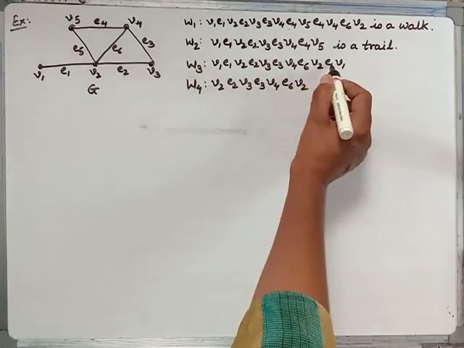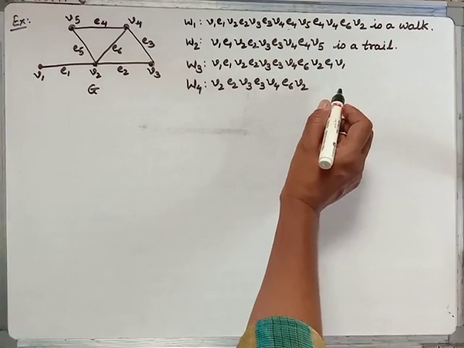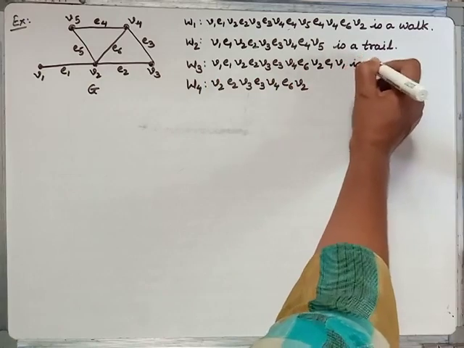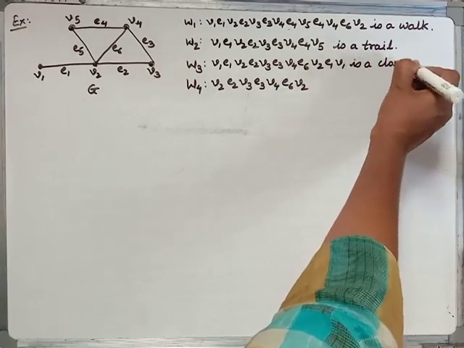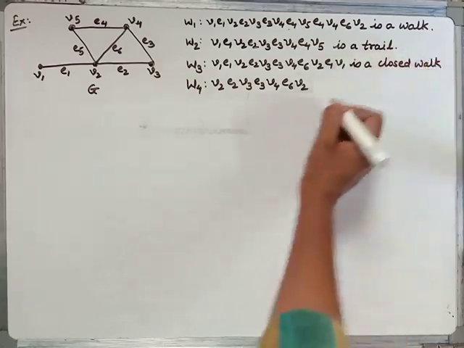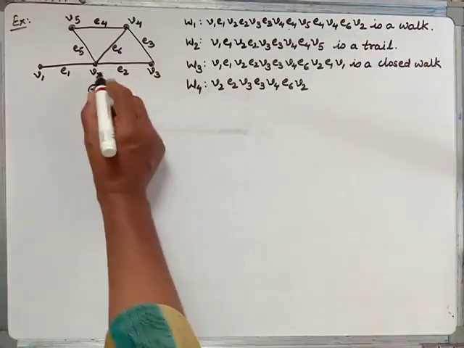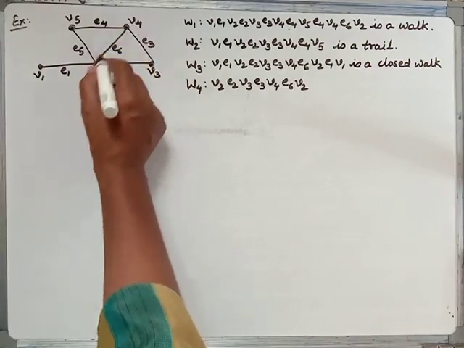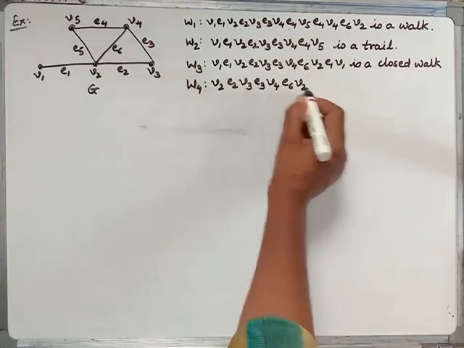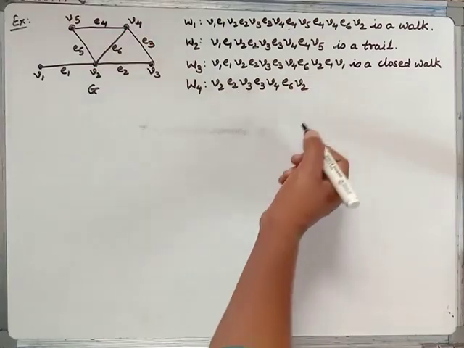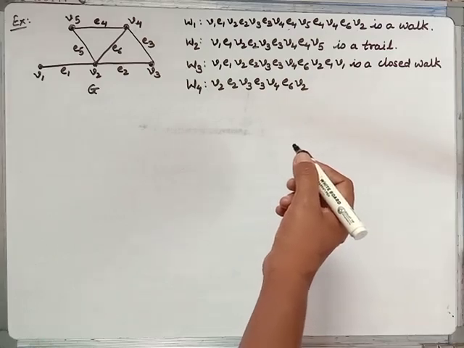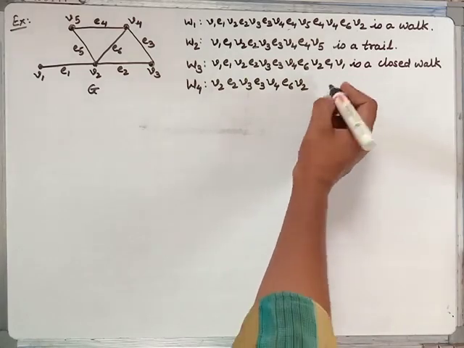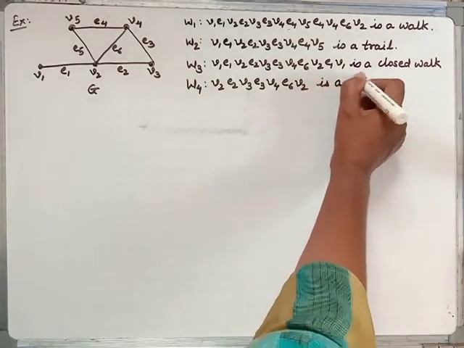Here E1 is repeated, so it is not a trail, but the initial and terminal vertices are the same, so it is a closed walk. Then the next one, V2, E2, V3, E3, V4, E6, V2. Here again initial and terminal vertices are the same, so it is a closed walk, but the edges are not repeated. So it is a tour.